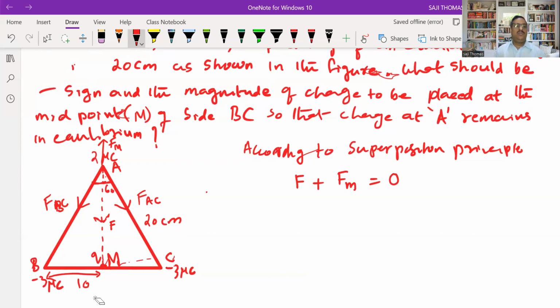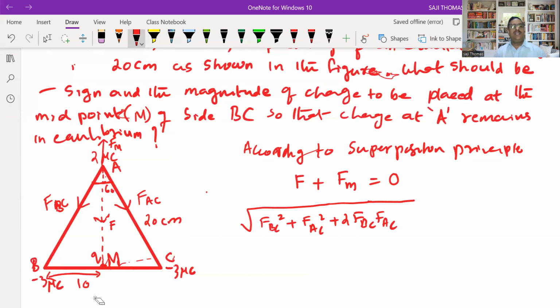F is the resultant of FBC and FAC. So F I am writing as root of FBC square plus FAC square plus 2 FBC FAC cos 60, because the angle between FBC and FAC is 60, plus this Fm. What is Fm? Force between Q and M.